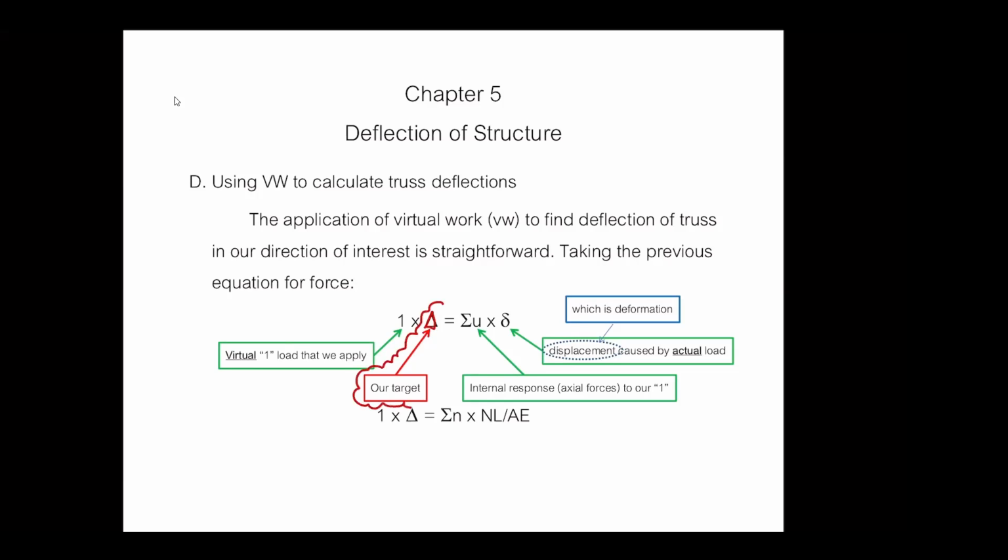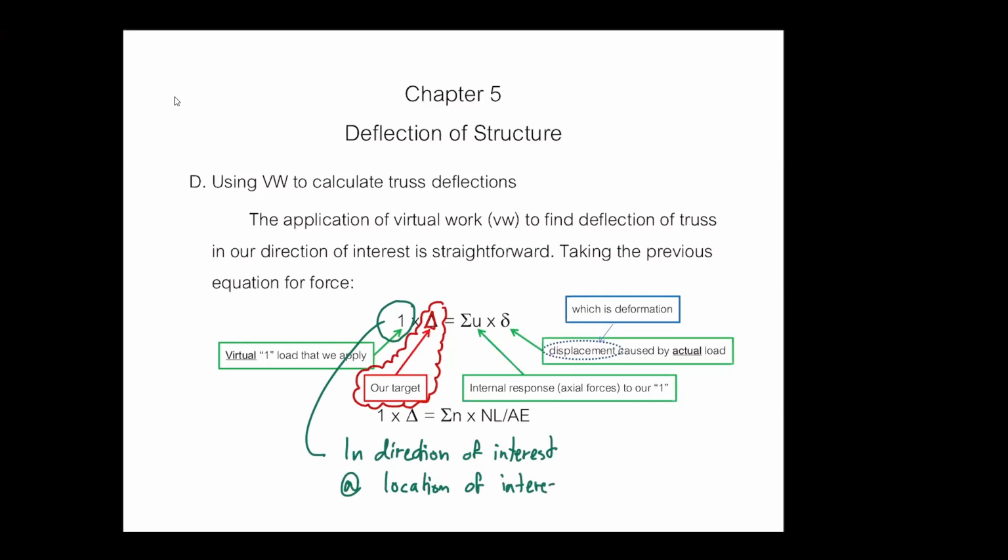So we would apply the virtual load here in the direction of the deflection that we want to know, and at the location that we want to know.